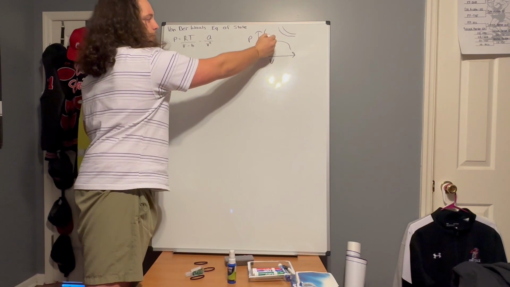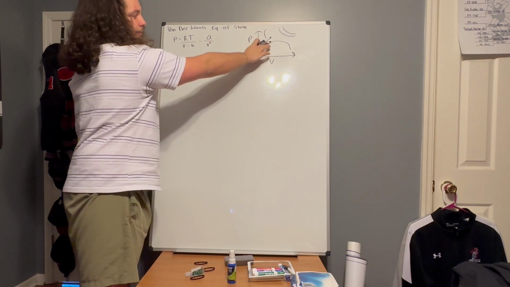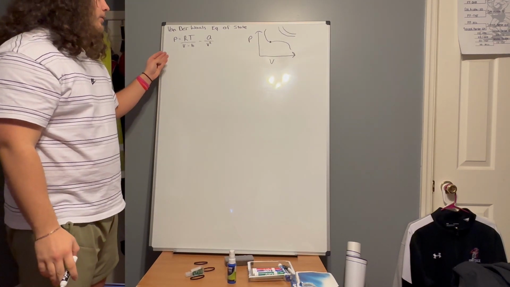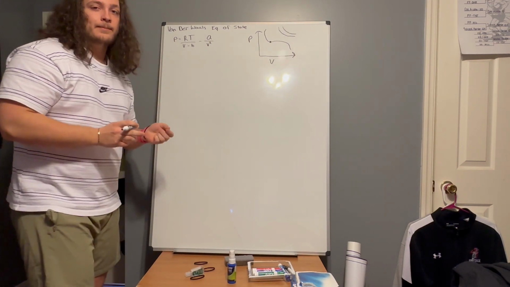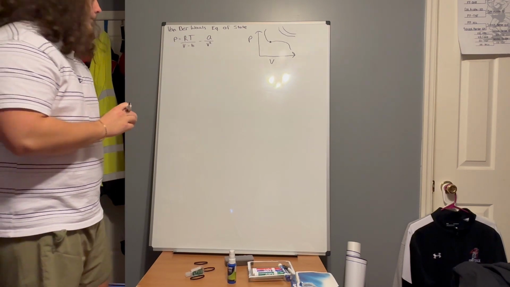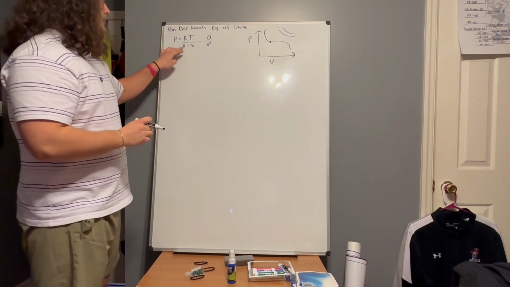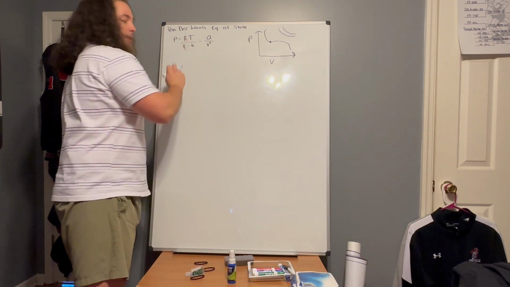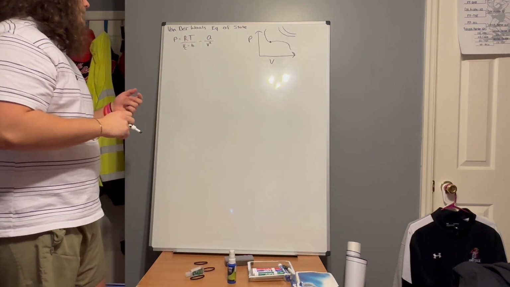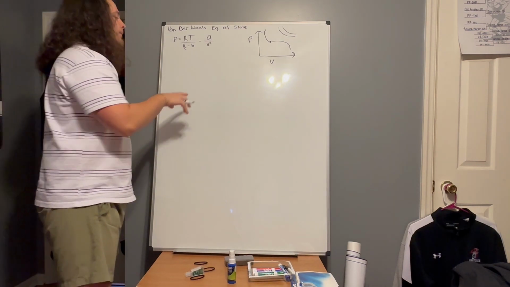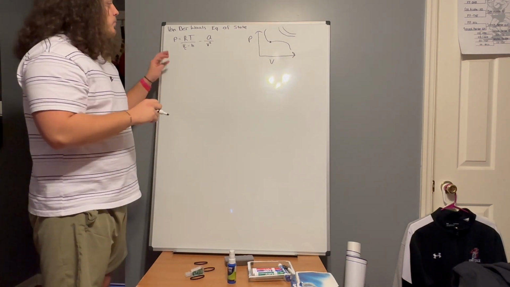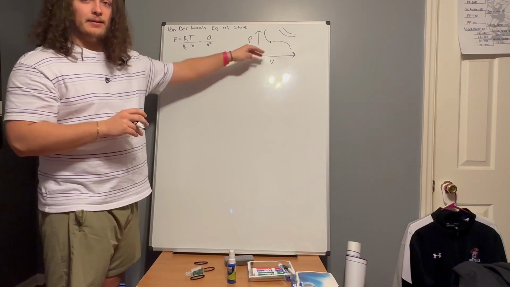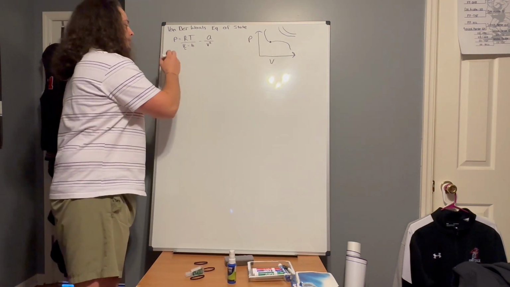So what we're looking for is this inflection point, where the first and second derivatives of this equation are set equal to 0. In this equation, V is our specific volume, the volume of 1 mole of the molecule. So using this equation, we're going to find the derivatives and set them equal to 0.